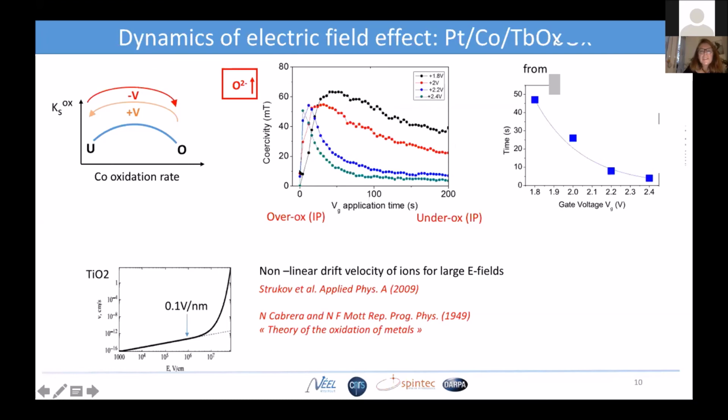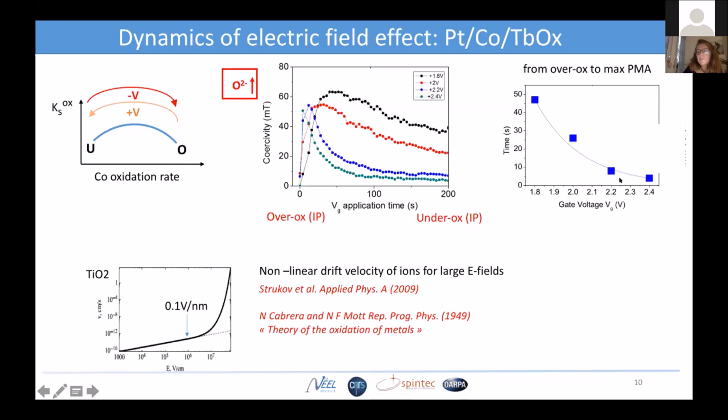What you can see here is that this variation of the anisotropy is accelerated as the voltage is increased. I've plotted here the time necessary for switching between in-plane and out-of-plane magnetization, and you can see clearly that there is a strongly non-linear variation of this time as a function of the gate voltage.